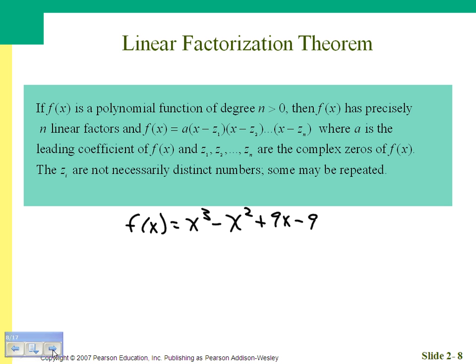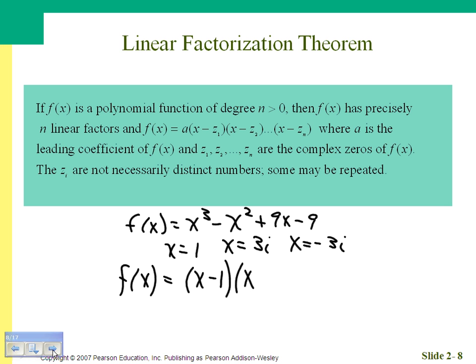So I factor this, and I find that my solutions are x equals 1, x equals 3i, and x equals negative 3i. The linear factorization theorem says I can write this as a function of those three solutions by simply putting each solution as the minus term. So x minus 1, x minus 3i, x minus negative 3i, which becomes plus 3i.